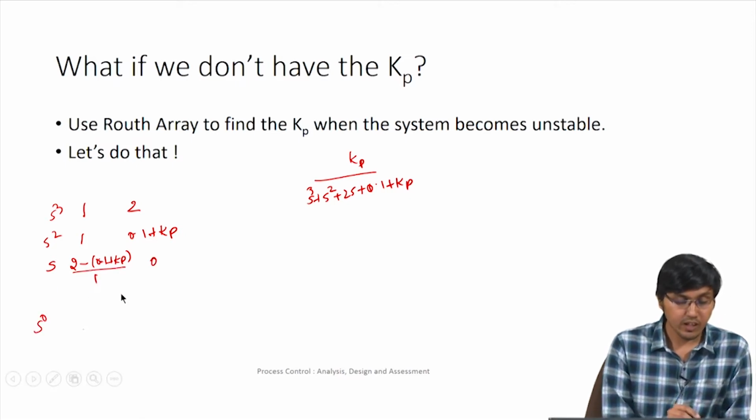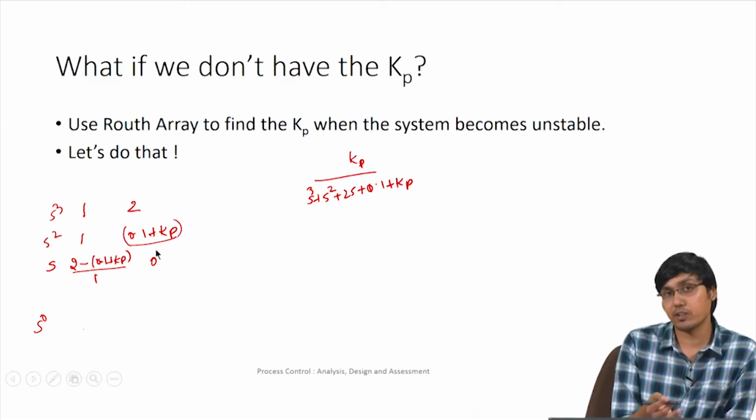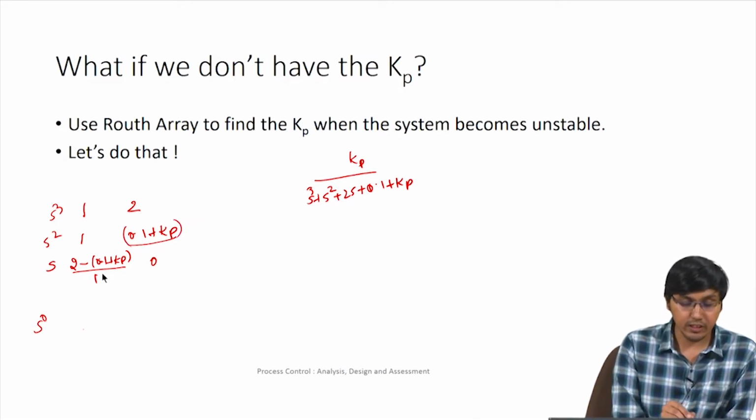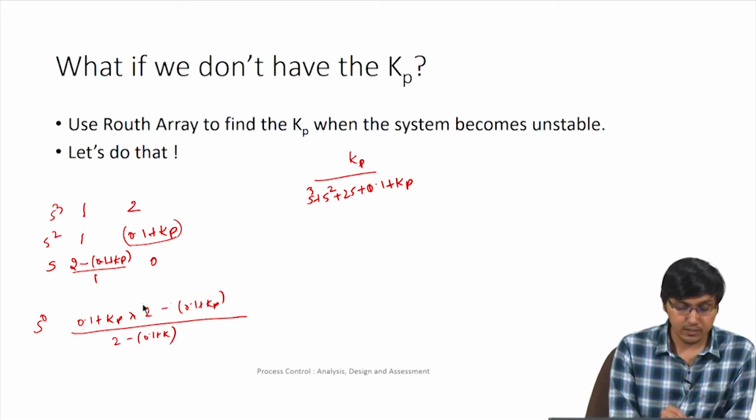So without calculating the S power 0 term itself, we can say that if this term is positive here, and it is definitely positive because Kp is a gain, then what you are going to get here is 0.1 plus Kp into 2 minus 0.1 plus Kp by 2 minus 0.1 plus Kp.